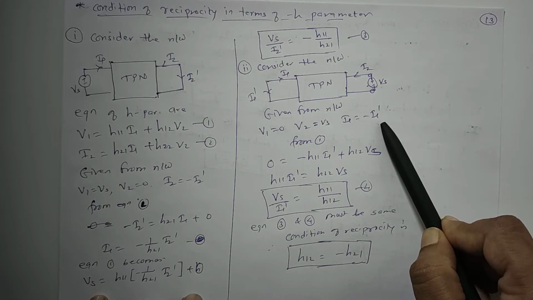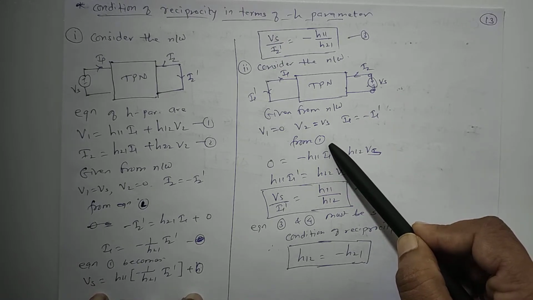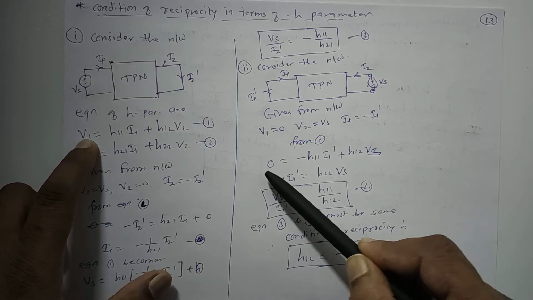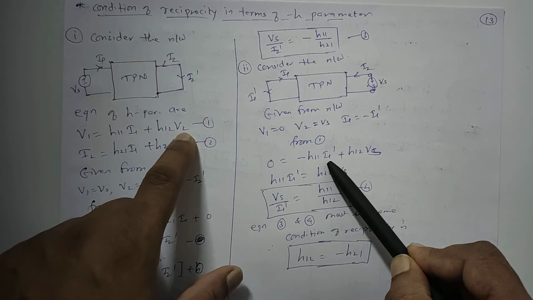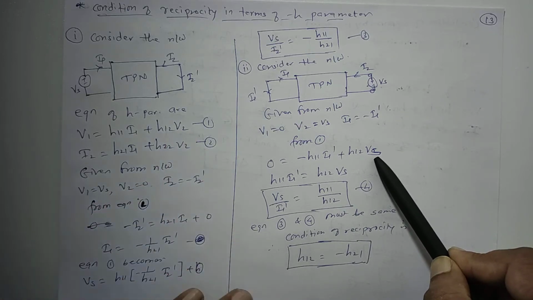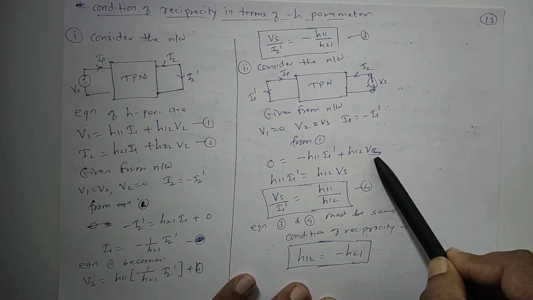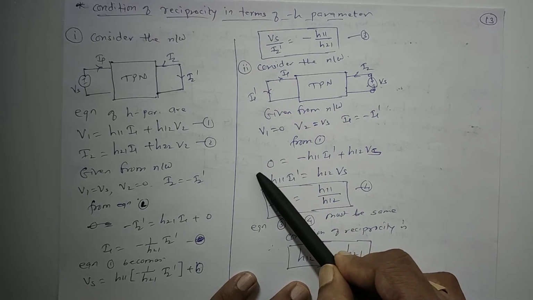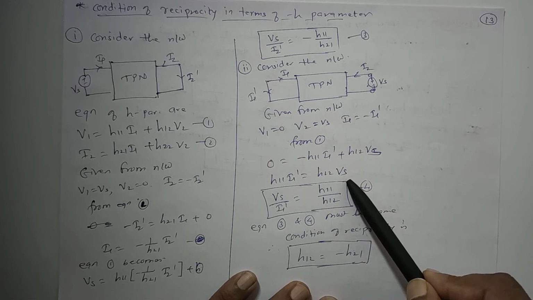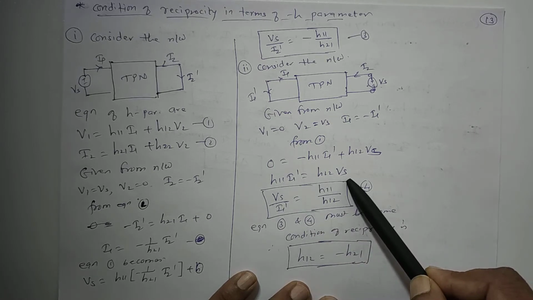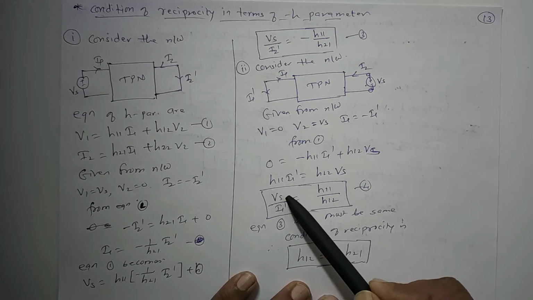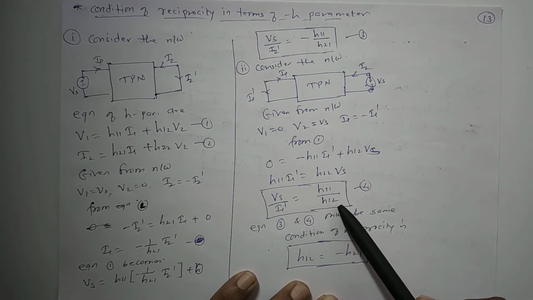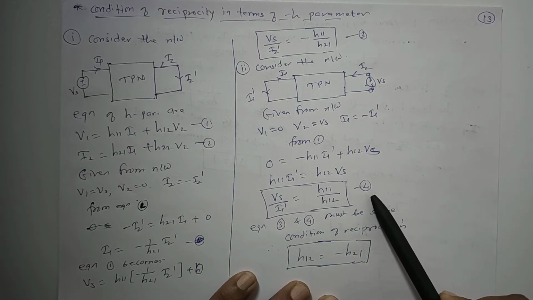So from equation 1, V1 is equal to 0, I1 is equal to minus I1 dash, and V2 is equal to Vs. From this equation you directly get the Vs upon I1 dash ratio. We bring this term to this side, and then Vs upon I1 dash ratio is nothing but H11 upon H12. So Vs upon I1 dash ratio is H11 upon H12. This is equation 4.